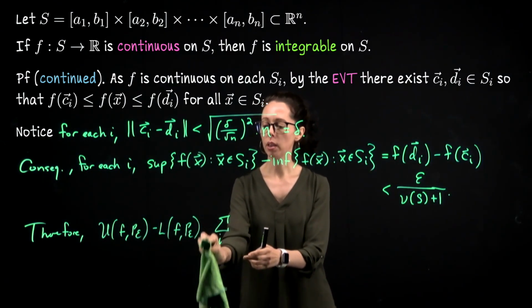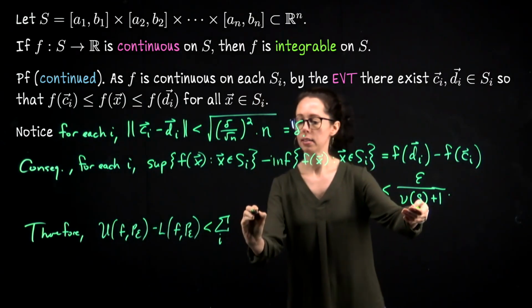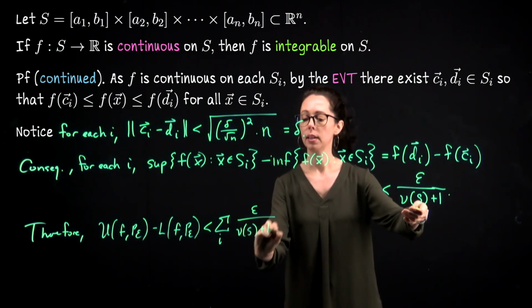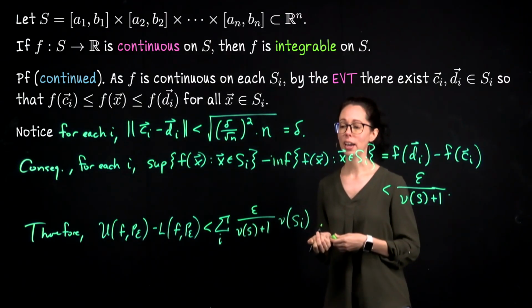So let me take this equality and replace it with an inequality, and we'll write epsilon divided by the volume of S plus 1 times the volume of the base, which is the ith subrectangle.